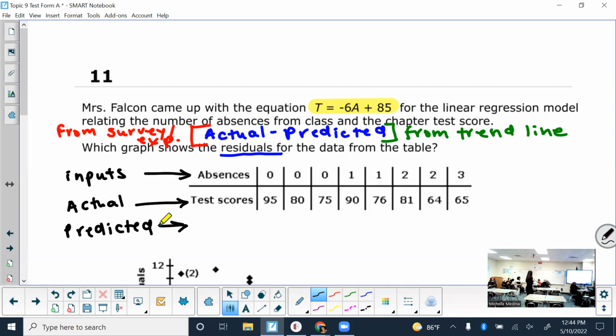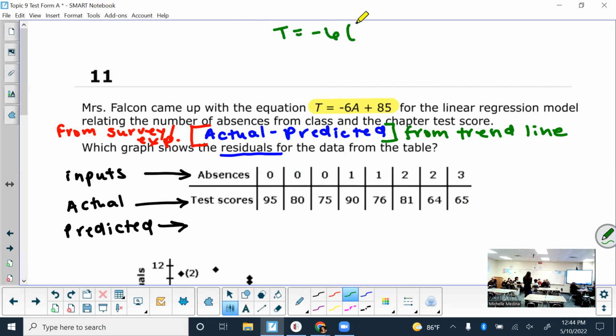Well, here's a hint. The predicted comes from the trend line. So here's my trend line. If I plug in my inputs, that's how I get my predicted.